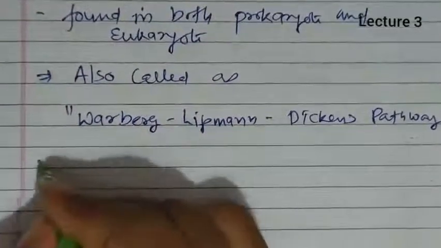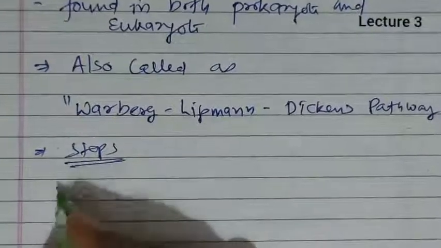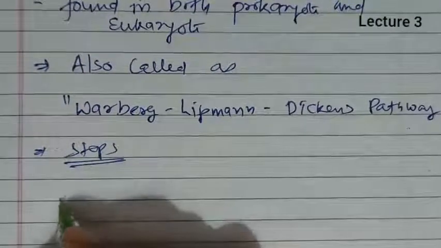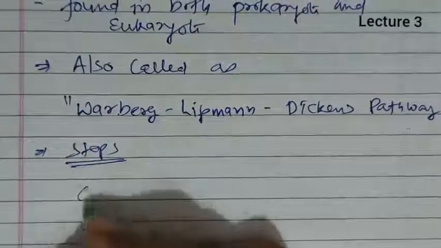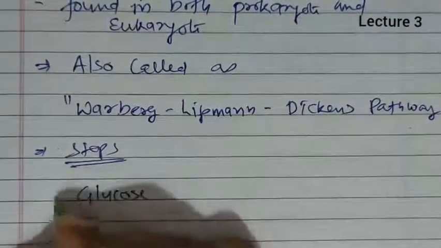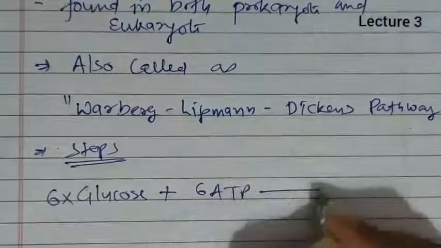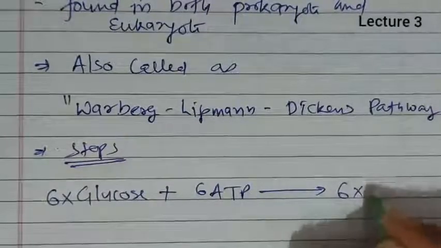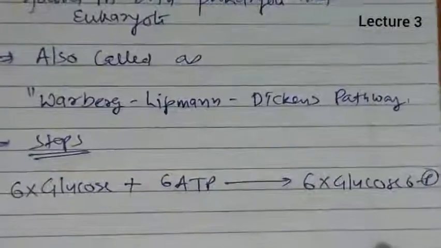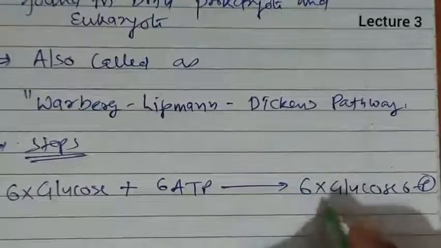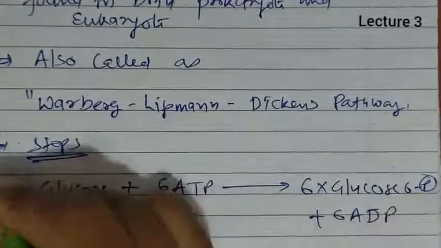Now, some important steps of this pathway. In this, first glucose is converted to glucose 6-phosphate. If we have 6 molecules of glucose, they will react with 6 ATP and produce 6 molecules of glucose 6-phosphate, along with 6 ADP. That is the first step.